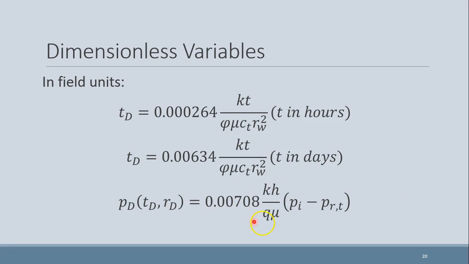They do not show it here, but it contains a TD and an RD term implicitly. Anyway, in field units PD can be expressed as PD is equal to 0.00708 ks by q mu times Pi minus P(r,t).